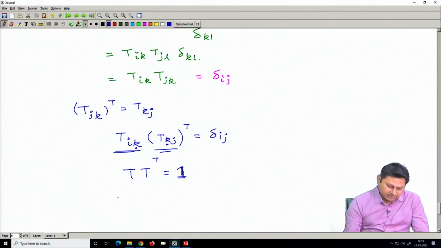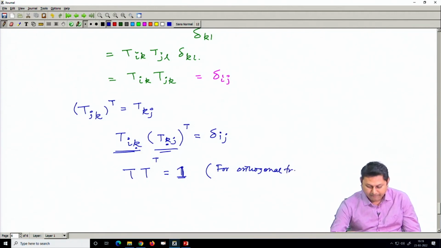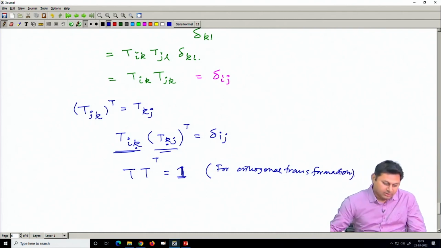That means for an orthogonal transformation, this has to happen.